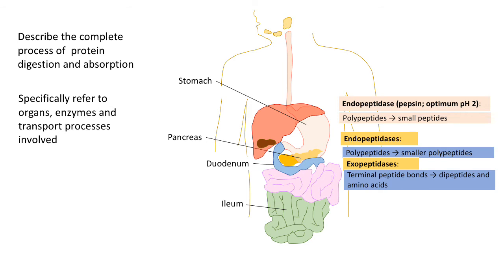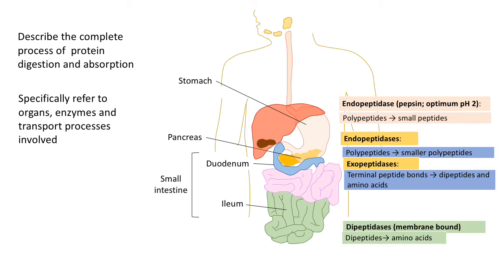So let's focus in on that and what you should have described for that. Of course, that's the small intestine. And so at the ileum, it's the membrane-bound dipeptidases that then produce amino acids by hydrolyzing the peptide bonds in dipeptides.